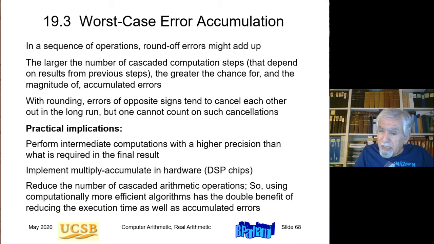So sometimes errors actually cancel each other out. So statistically speaking, the error magnitude can be small on average because sometimes they cancel out. But the worst case analysis shows that all of those errors add up in every step of the calculation. So if you do many millions of steps in the calculation and you're unlucky that the errors are in the same direction, then you can get pretty poor results.